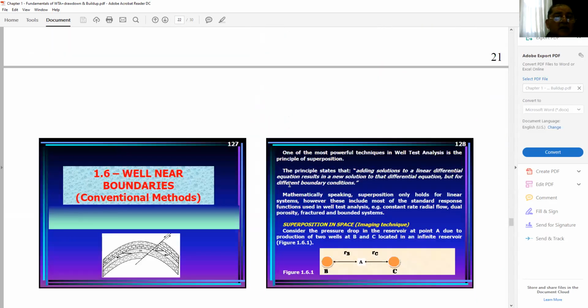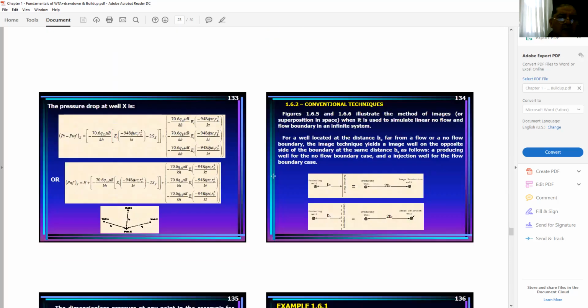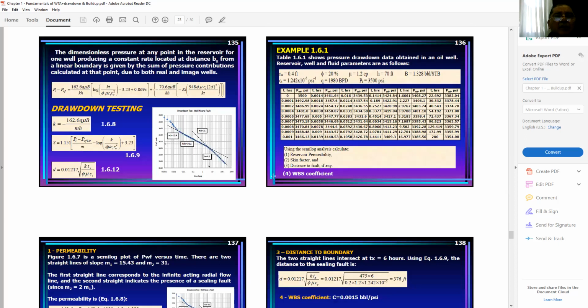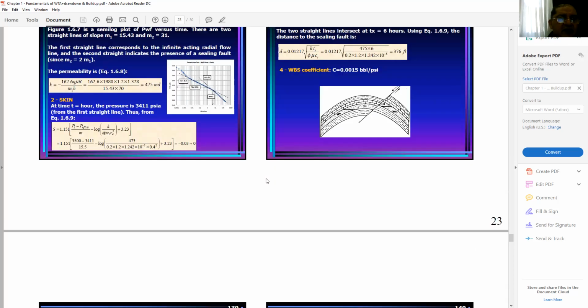Where is that? Yeah. Of course, one thing, last week I have talked about it also. Last week I talked about how to calculate the distance from the wellbore to a fault or to reservoir boundaries, how to calculate D. And we have solved example 161 and 162.